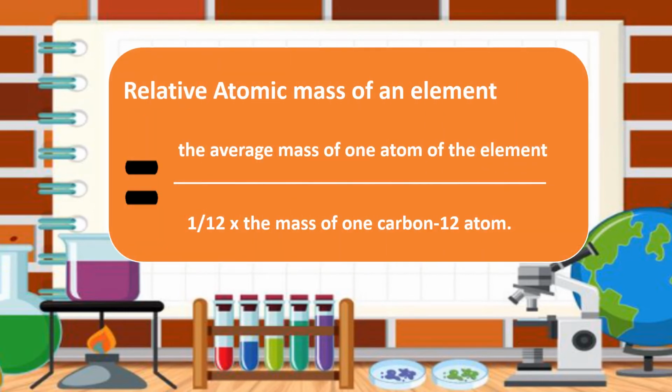So this is the formula: the relative atomic mass of an element equals the average mass of one atom of the element over 1/12 times the mass of one carbon-12 atom. This is the relative atomic mass of an element.